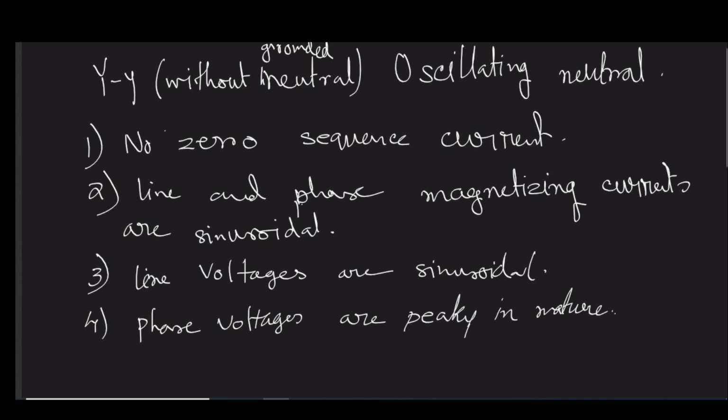Therefore line and phase magnetizing currents, considering no load, are sinusoidal. Line voltages are also sinusoidal and phase voltages are peaky in nature, right? So this is the case with our star connection.